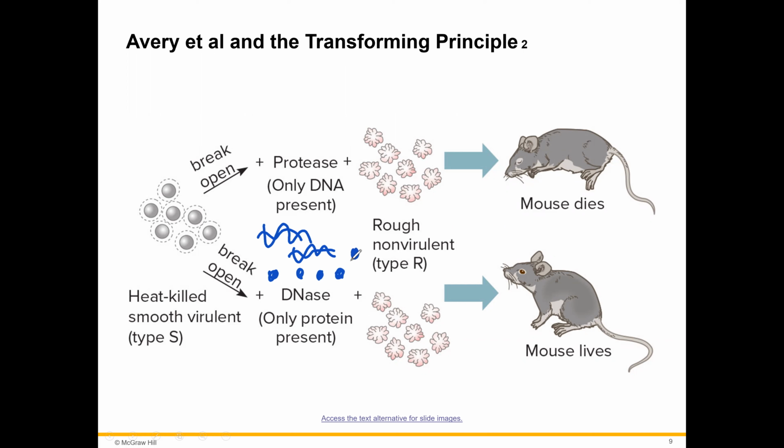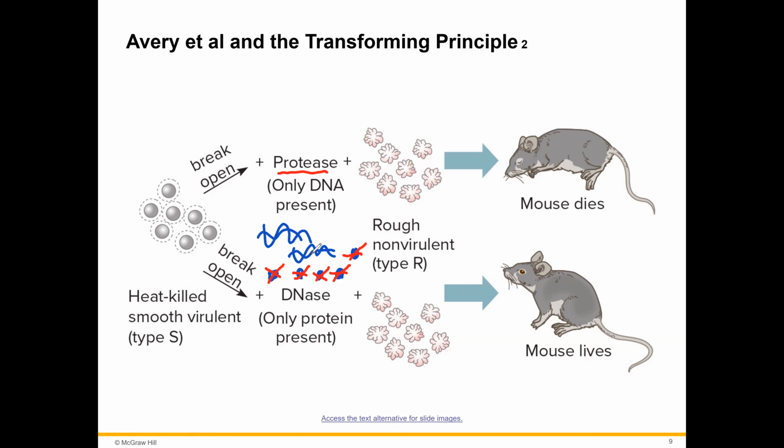Now, trying to see my red color. Now he used protease, right? What does protease do? Protease destroys proteins. So let's just destroy all these proteins. Now we don't have proteins, we have only DNA.